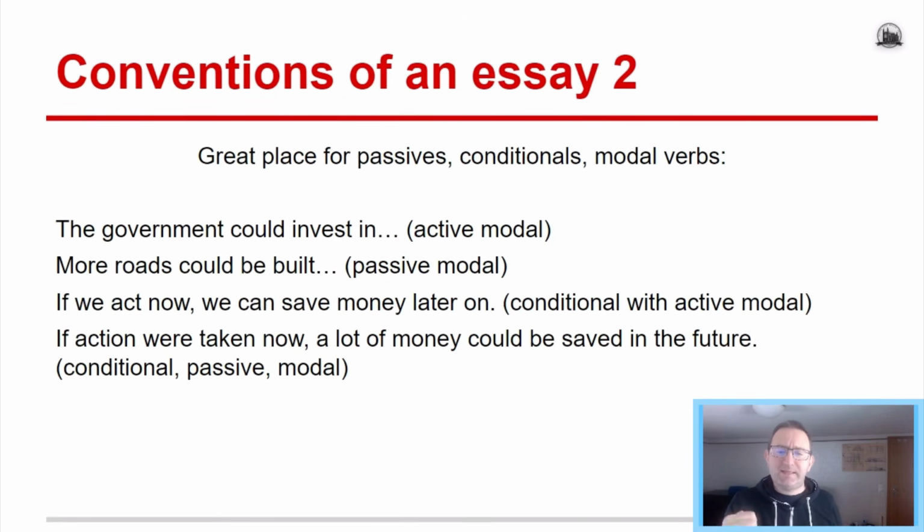"If we act now, we can save money later on," conditional with an active modal. "If action were taken now, a lot of money could be saved in the future," conditional, passive, modal. So if you read a lot of these type of Cambridge essays, you'll find it's all modals. There's a lot of passive. And just by copying the models, you will end up writing like this.